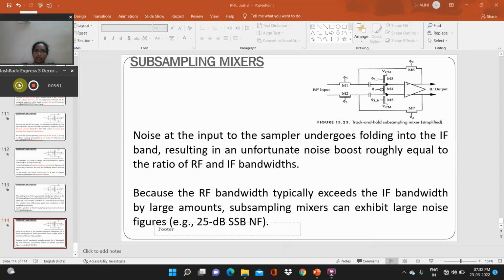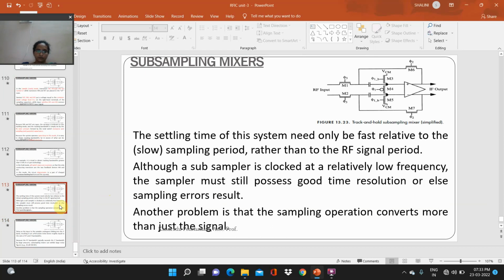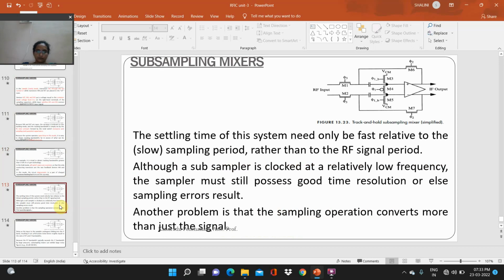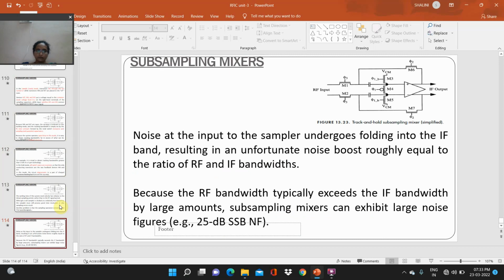Because the RF bandwidth typically exceeds the IF bandwidth by large amounts, subsampling mixers can exhibit large noise figures, that is 25 dB SSB NF.